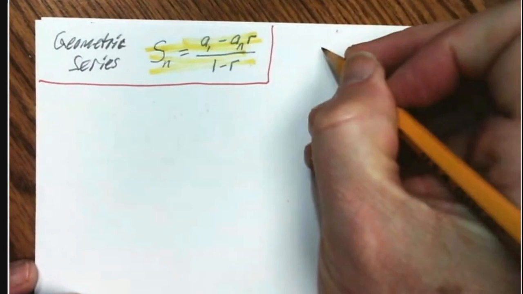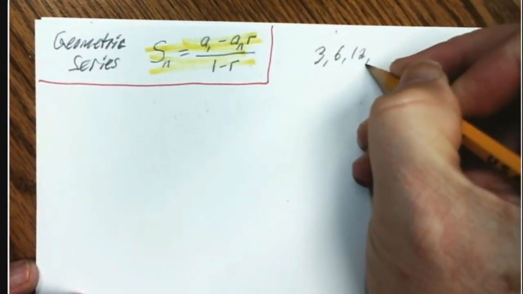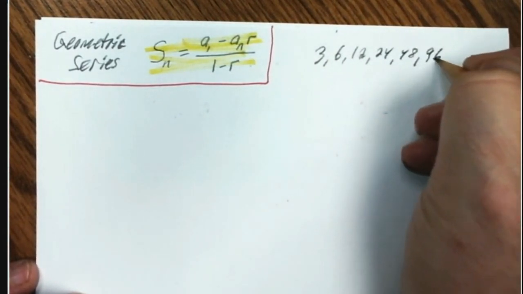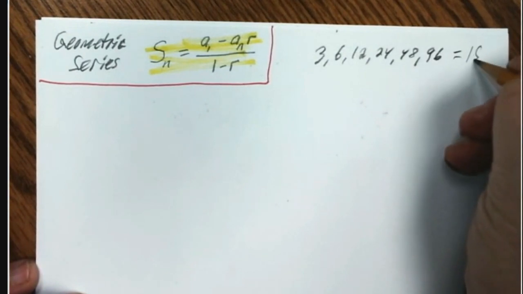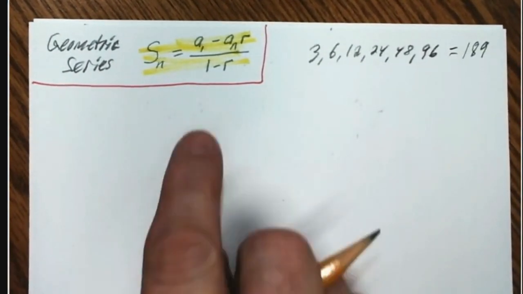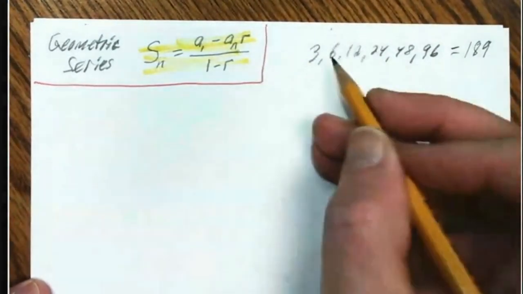So we had the sequence that was 3, 6, 12, 24, 48, 96. And we already know they added up to 189 because that was earlier in the lesson. But let's use this formula and see if this formula works, because we haven't done it with this formula. So there's 6 terms.